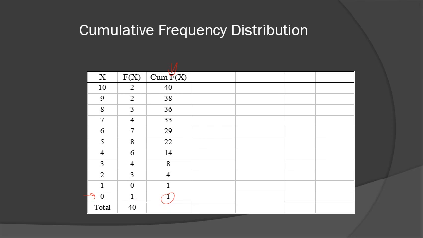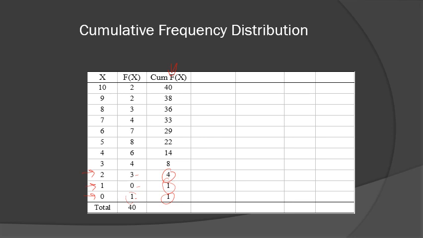The next we'll go to is 1, and there is none at 1, but at and below 1 there's still this 1 down here, so we're still at 1. At 2, everything at and below that point, we have 3 plus 0 plus 1, so we get a total of 4.